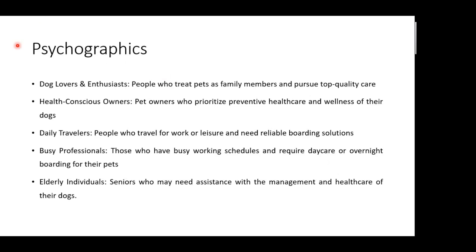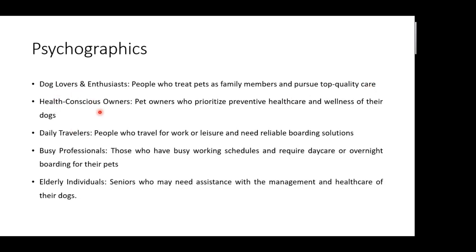See the psychographics, that is psychological. What type of psychological people in the society that you are targeting? Right? What type of psychological people are you targeting in your business? See, the dog lovers and enthusiasts, people who treat pets as family members and pursue top quality care for their pets.